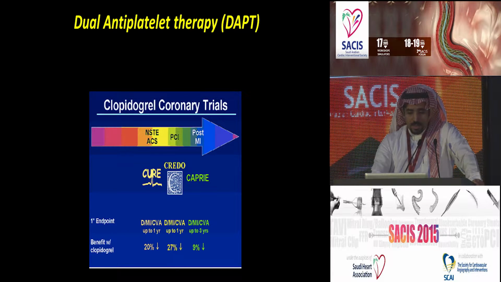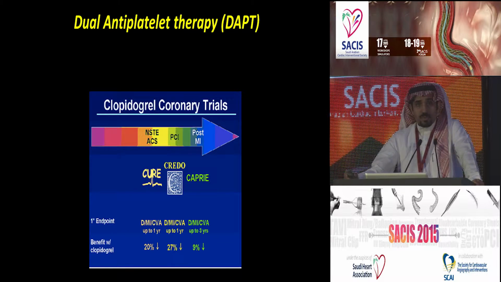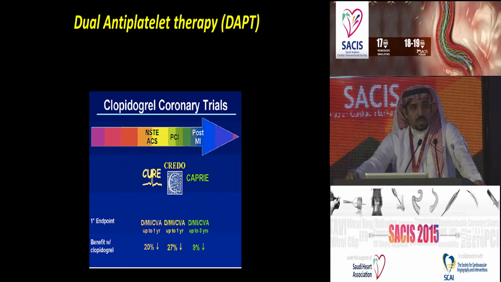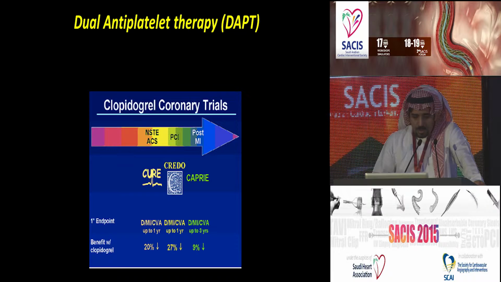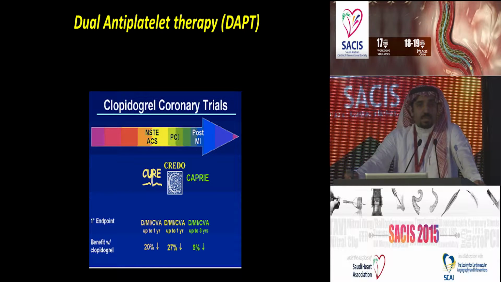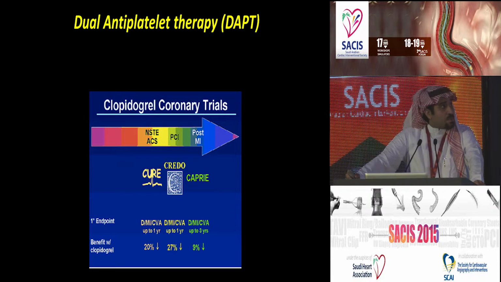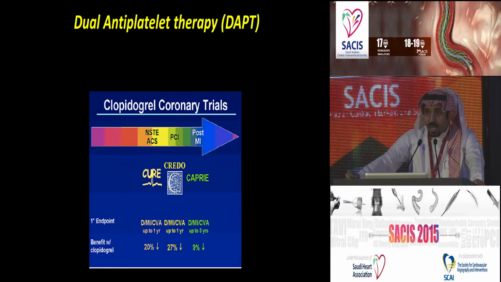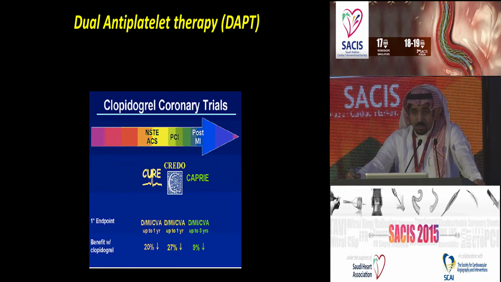So dual antiplatelet treatment has been proven to be efficacious and essential in patients with acute coronary syndrome in several trials, as you could see. The first anti-ADP medication that was introduced was ticlopidine, but because of a high complication rate due to TTP, it fell out of favor.